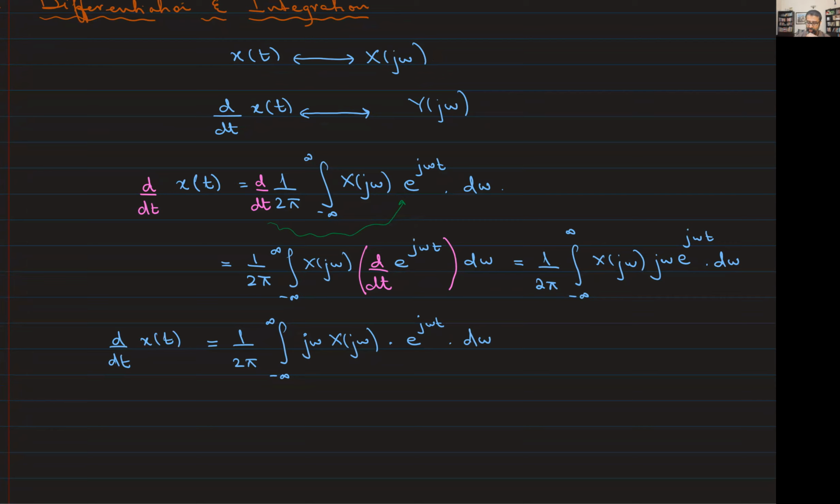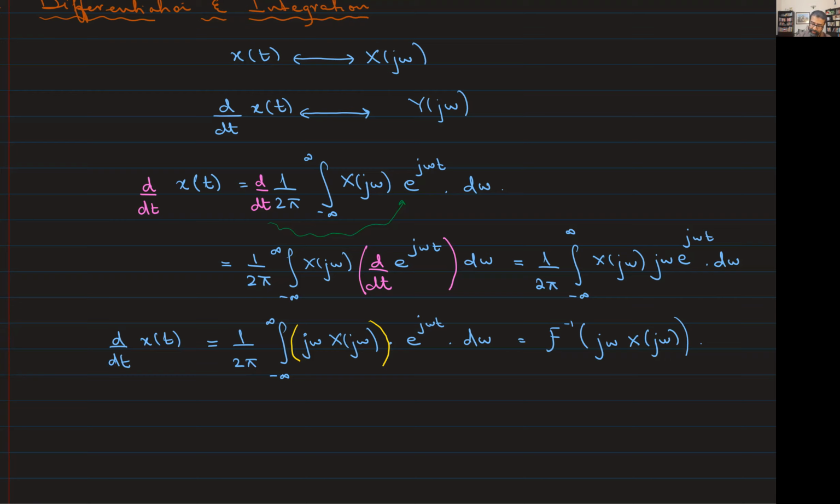Right? So if I look at the right-hand side, what is the right-hand side the inverse Fourier transform of? Therefore, this right-hand side is really the inverse Fourier transform of j omega times X of j omega.